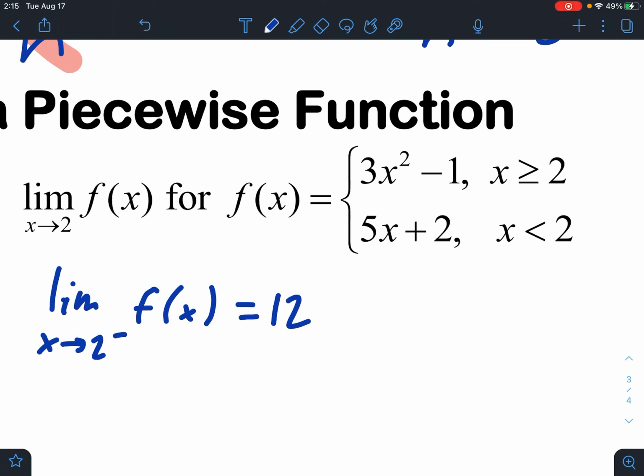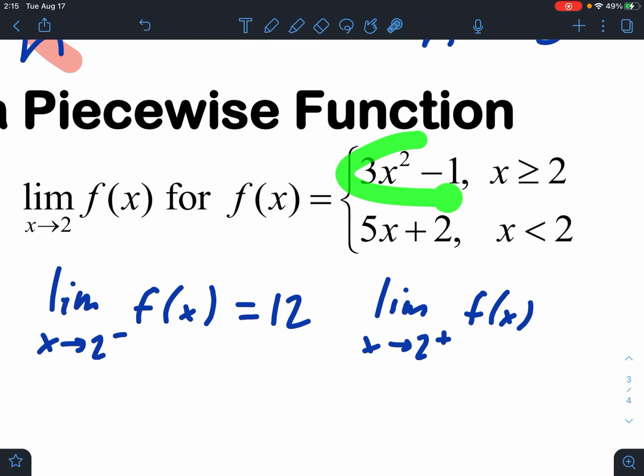Now we've got to look at the right-hand limit. The limit as x approaches 2 from the right of f of x. That means that this one is to the right, because that's greater than 2. We put 2 in there, we get 3 times 4 minus 1, which is 12 minus 1, or 11.